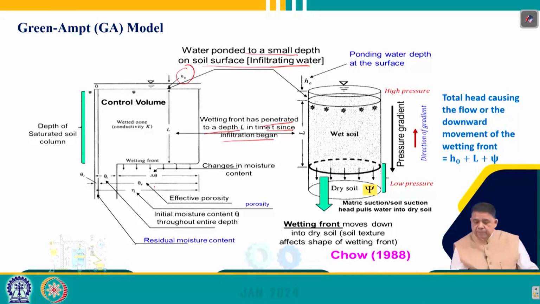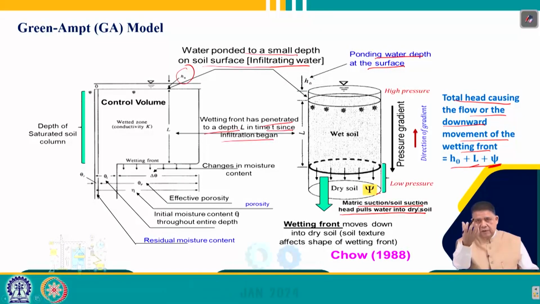So, basically, the pressure gradient you can see will be in this direction. The total head causing the flow, or the downward movement of the wetting front, will be because of these three components. One is H0, that is the ponding water depth, and L, that is the depth to which the wetting front has penetrated, and of course, psi, which is the matric suction or soil suction head, which pulls water into the dry soil.